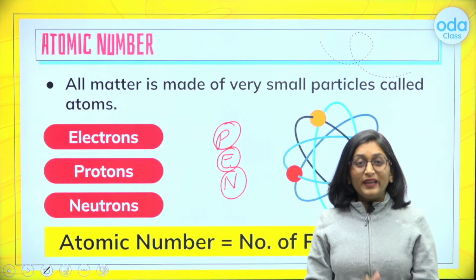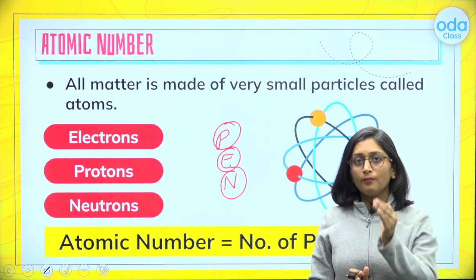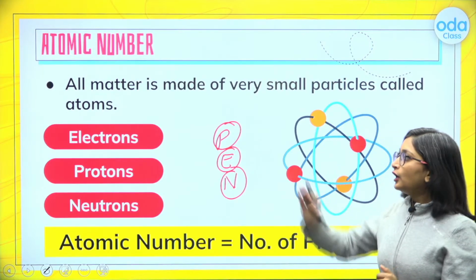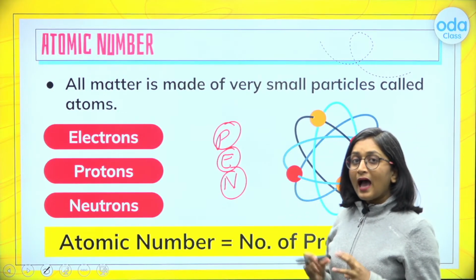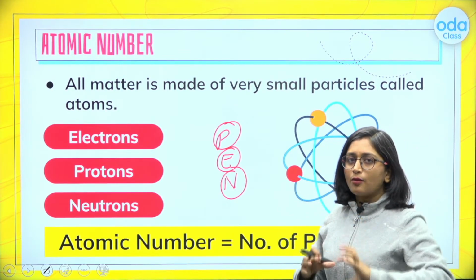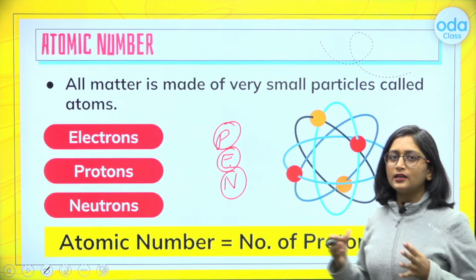For that we need to learn about the atomic number and the mass number. All matter is made up of atoms, and atoms contain subatomic particles, which are the protons, electrons and neutrons.